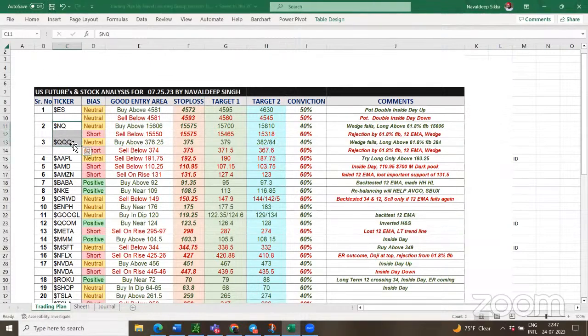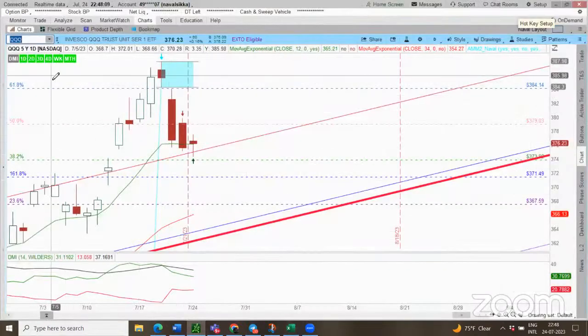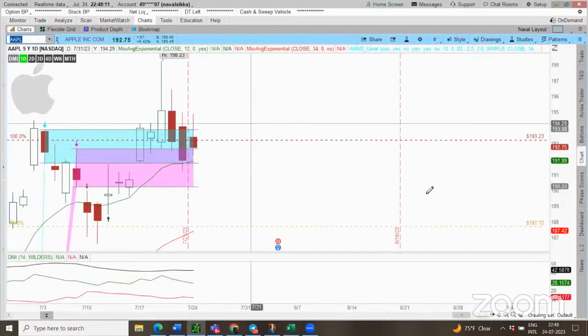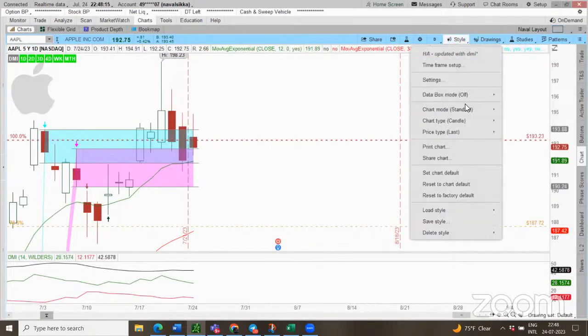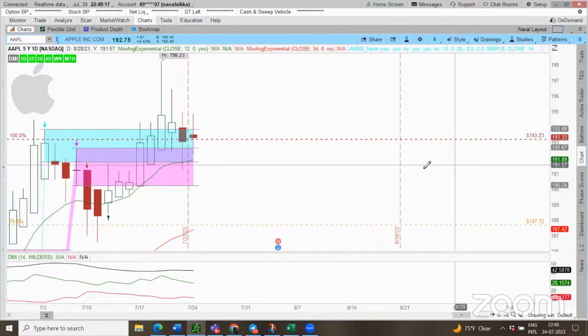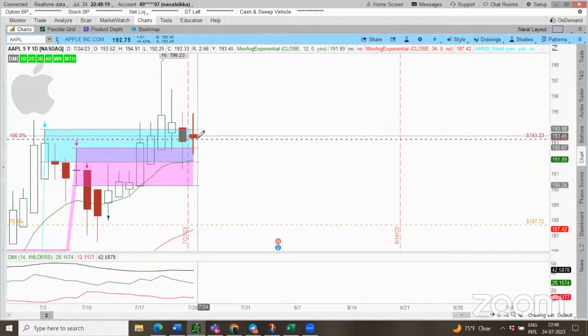All right, let's move on to Apple. Apple is an inside day. Again, just showing you Heikin-Ashi, it's in an indecisive state.